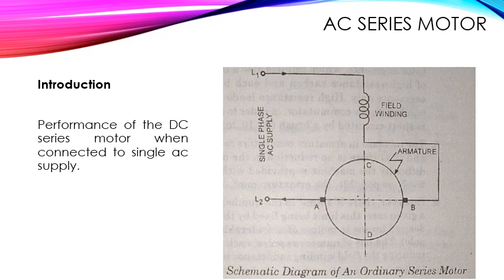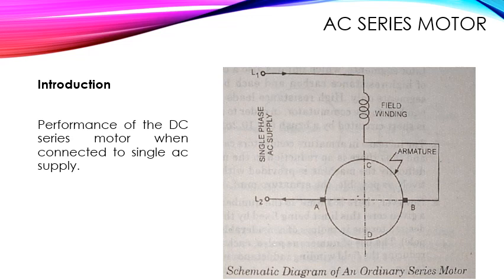But if the polarity of the supply is reversed, then both the field current and the armature current will reverse and the motor will rotate in the same direction, right? So from this it seems that any DC motor would operate satisfactorily when connected to a single phase AC supply, right? But it is not true.